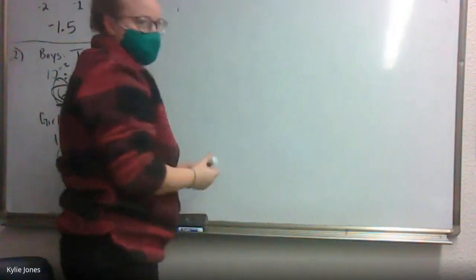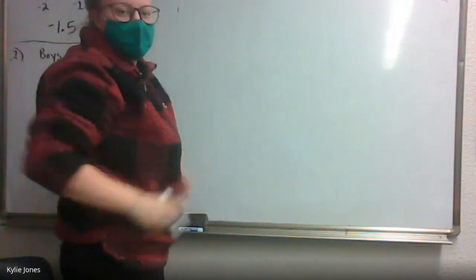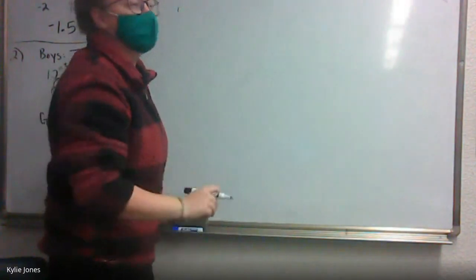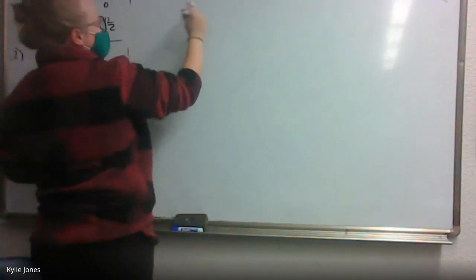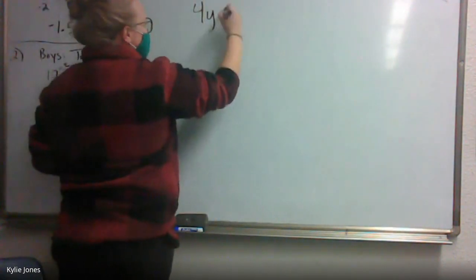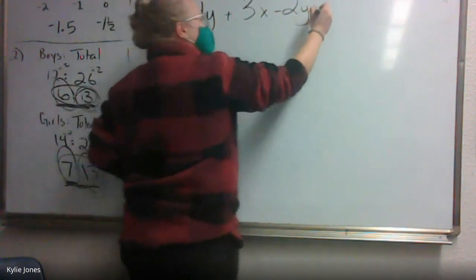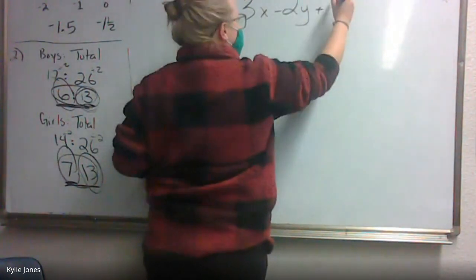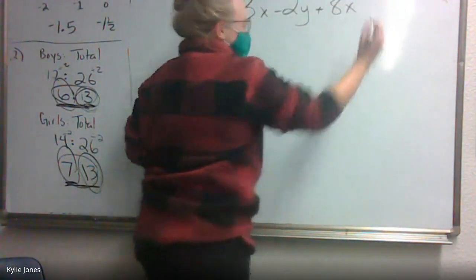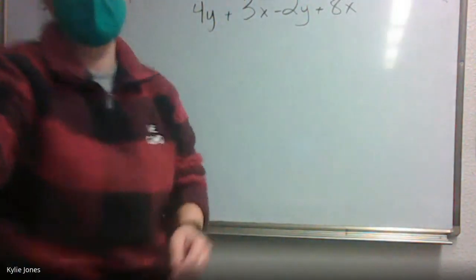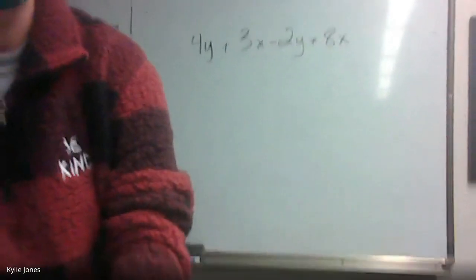For math, let's take 4y plus 3x minus 2y plus 8x. Okay, so we have these x's and these y's.